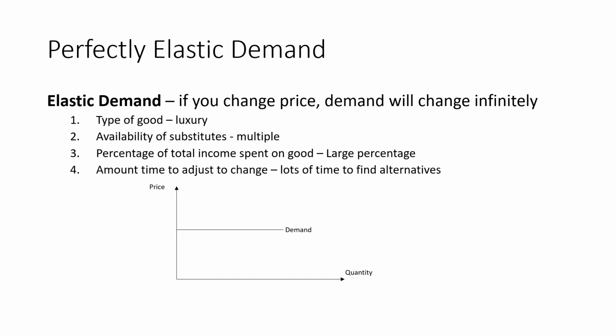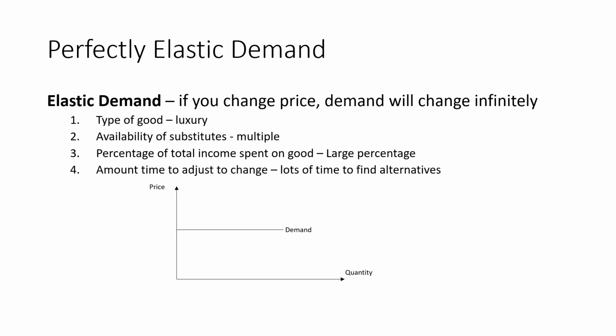You don't need it to survive. So even if there's a very small change in price, you have a very large reaction. Availability of substitutes. If there are lots of substitutes for the good, even a small change in price will cause you to go try to find one of those other substitutes. Why should I pay more?